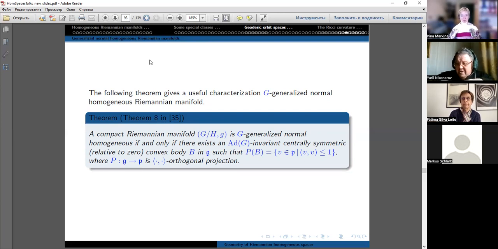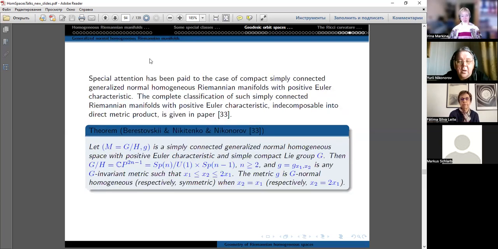We have some Finsler structure on the isometry group, and after projection we have a Riemannian structure in the homogeneous space. But it's true. And moreover, we have a classification of such spaces in the case of positive Euler characteristic, because in this case we have more serious technical tools for classification.